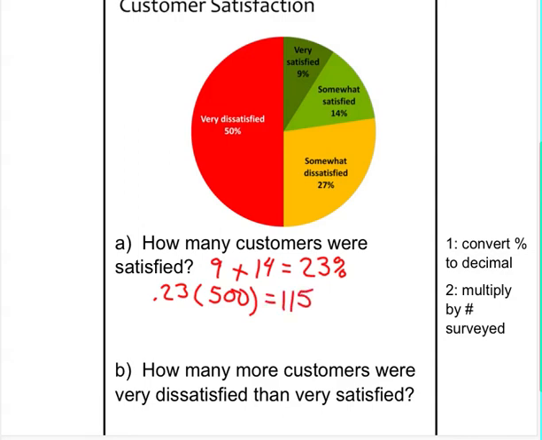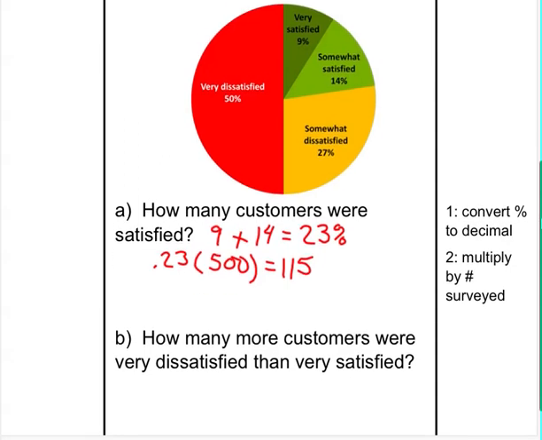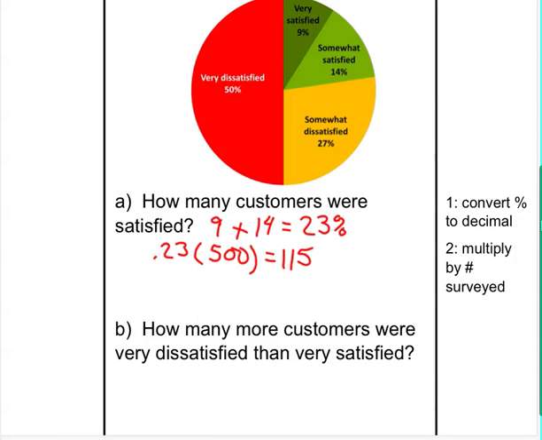For part B, the question is asking you to compare 2 of the different categories of customers. How many more customers were very dissatisfied than very satisfied? So this time you follow the same process to get the number of customers. So for the very dissatisfied, that was 50% times the 500 customers surveyed, gives us 250 customers who were very dissatisfied.